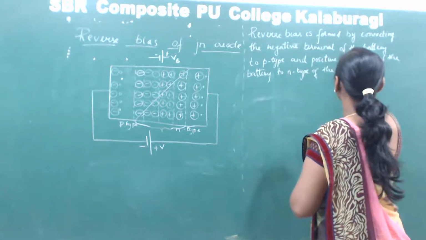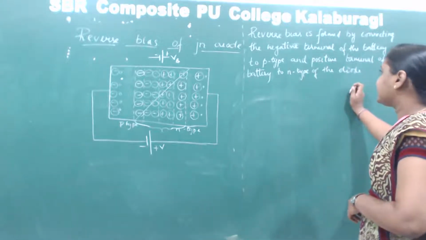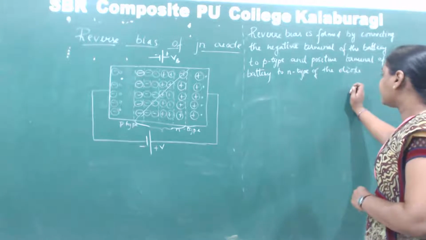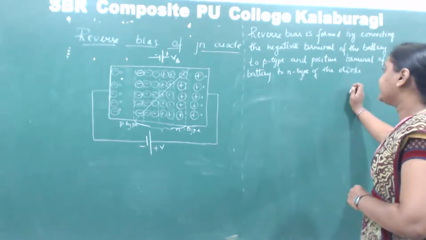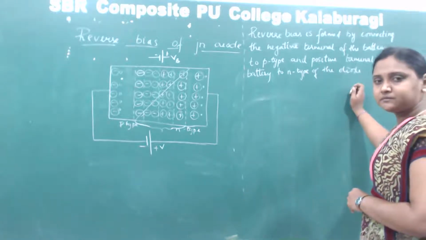So how is reverse bias formed? Reverse bias is formed by connecting the negative terminal of the battery to P type and the positive terminal of the battery to N type of the diode.